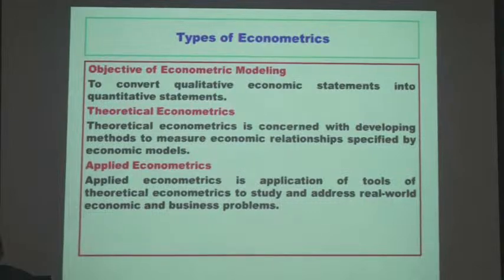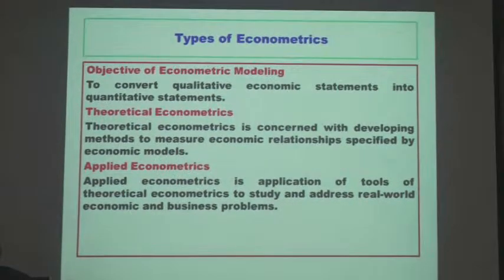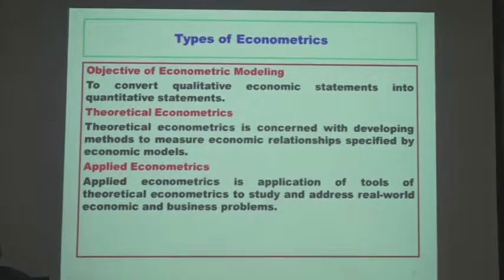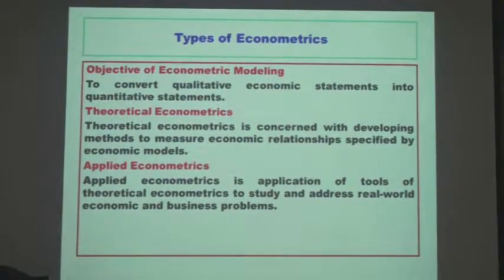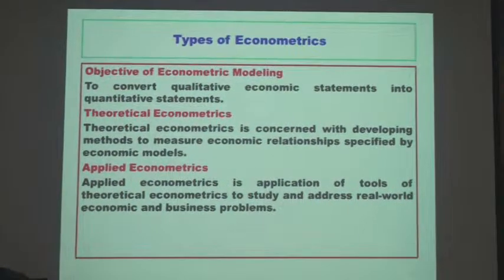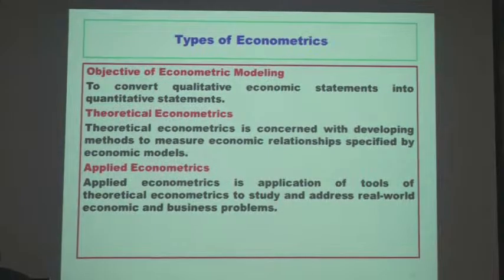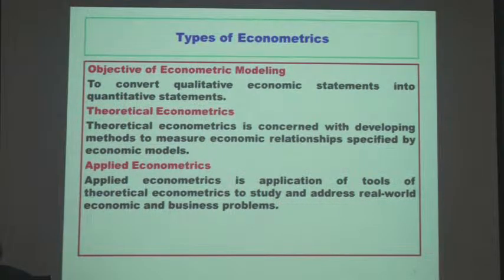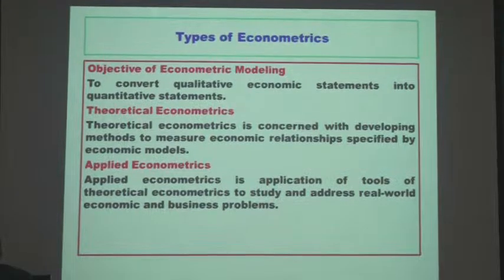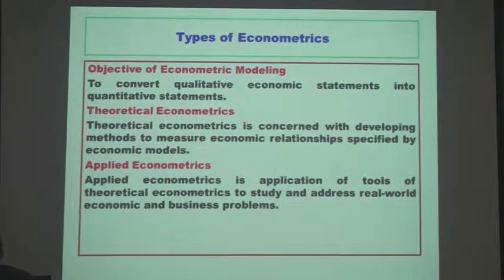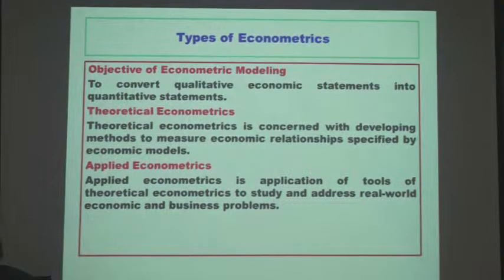Theoretical econometrics is concerned with developing methods to measure economic relationships. In theoretical econometrics, we develop the econometric models that are used to measure the economic relationships specified by the economic models. Applied econometrics is the application of the tools of theoretical econometrics.